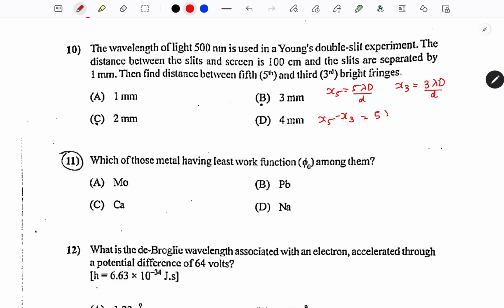So the answer will be 5 lambda D by d minus 3 lambda D by d, which is equal to 2 lambda D by d. On solving this, we get 2 into 500 into 10 to the power minus 9, and D is given as 100 centimeter, meaning 1 meter, divided by 10 to the power minus 3. So the answer will be 1 mm, option A.